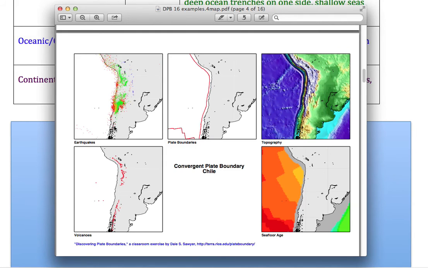We have deep, deep earthquakes, and the farther inland they are, the deeper they get because that plate's going in and subducting and moving farther and farther. This ocean plate's moving farther and farther to the east and deeper under. We have volcanoes, lots of volcanoes in there. And then looking here at the topography, we have these high mountains.